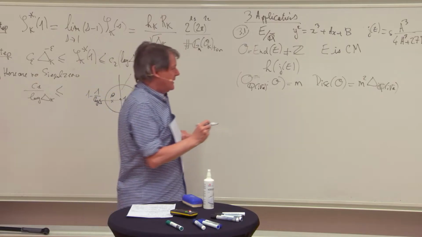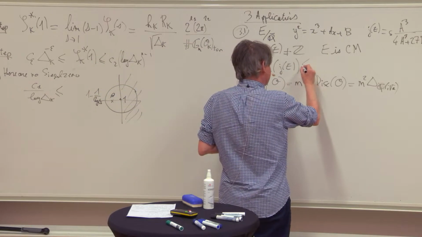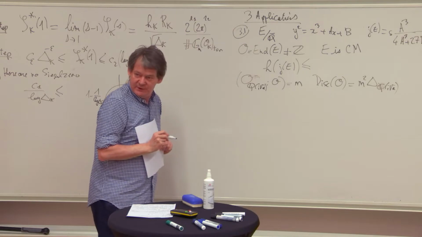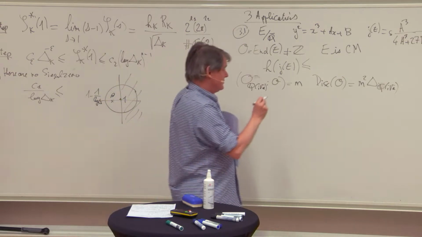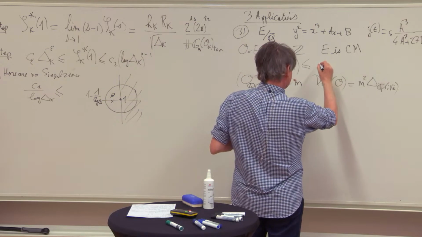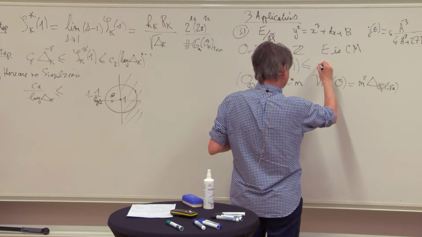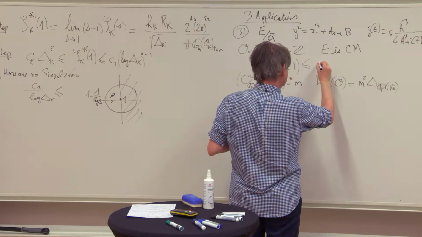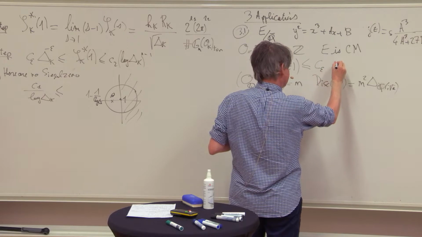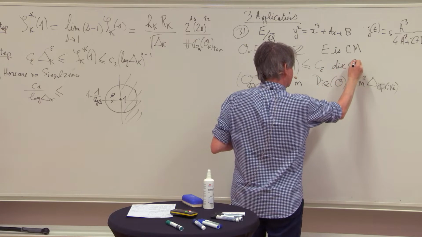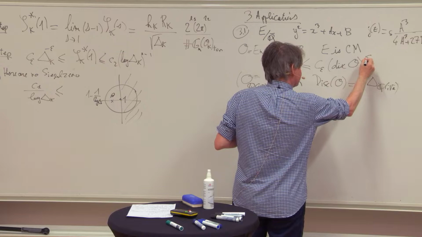Now, what we would like to show is a bound for this height in terms of the discriminant. And this is precisely what is known, has been known for some time. So you can put here C epsilon times the discriminant of O to the power epsilon.